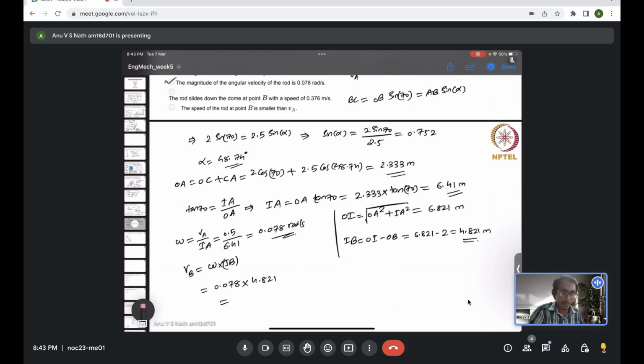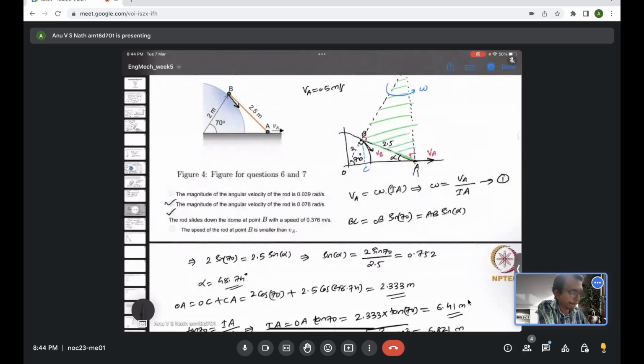We'll do it again. Yeah, it's 0.376 meter per second. Okay. So that means option C is correct.